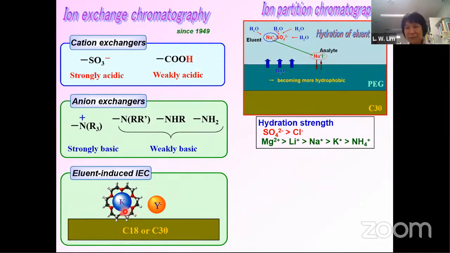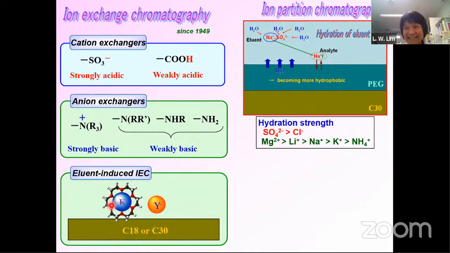So when there's a C18 column with a layer of crown ether, and if you use an eluent that contains potassium, the potassium and the crown 18 have a very good size match. So the eluent ions will be trapped on the crown ether.